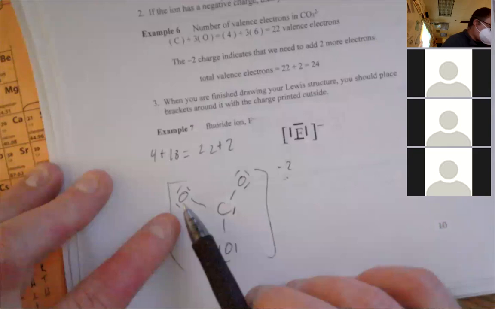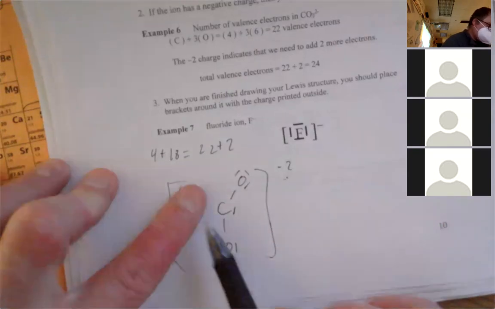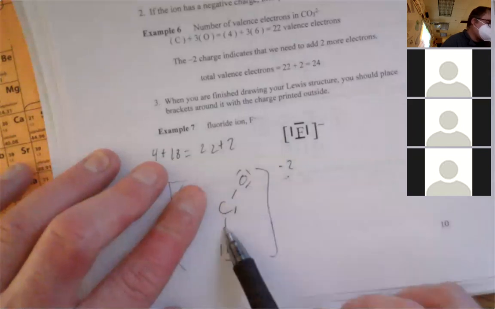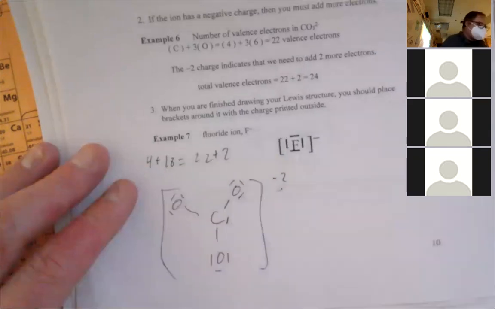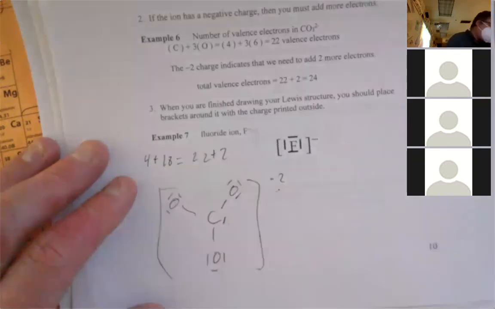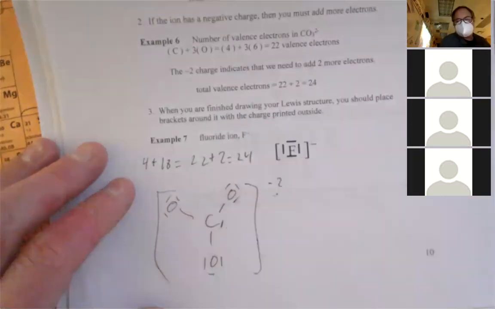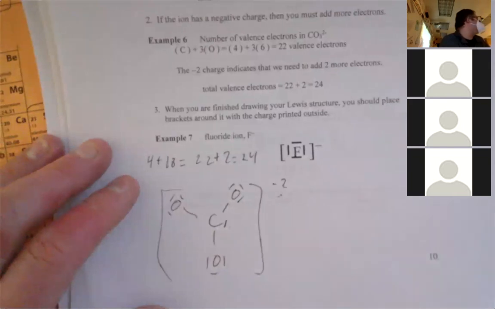I'm going to start in this corner. 2, 4, 6, 8, 10, 12, 14, 16, 18, 20, 22, 24, 26. Okay. So there's 26 being shown here. I don't have 26. I only have 24. So what does that mean we need to do? Another bond, right? Yeah, we need another bond.